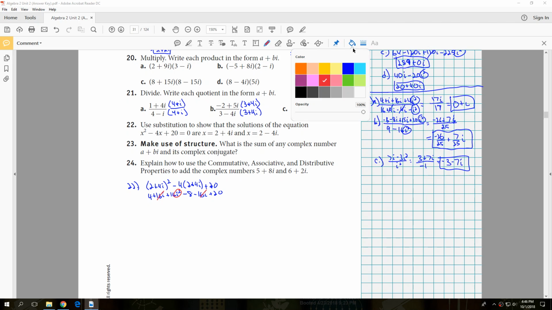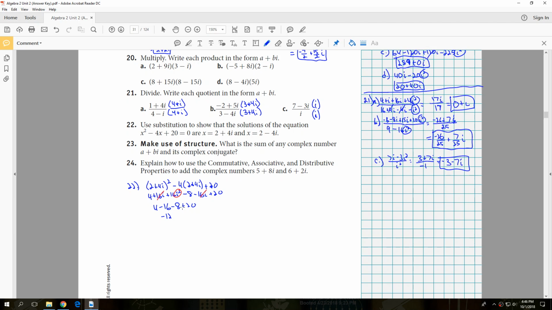So I get 4 minus 16 minus 8, and then plus 20. Let's simplify this further. 4 minus 16 would be negative 12, and then negative 8 plus 20 would be positive 12. So this becomes 0. And there you go.